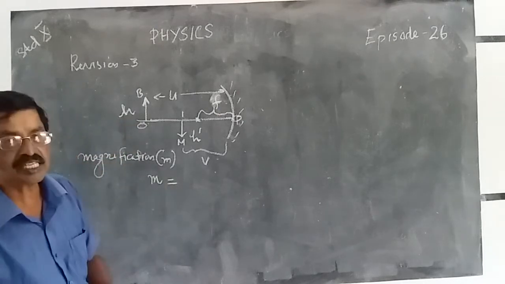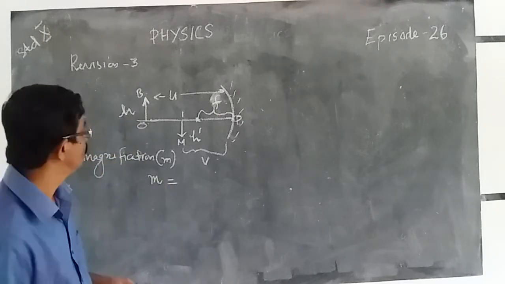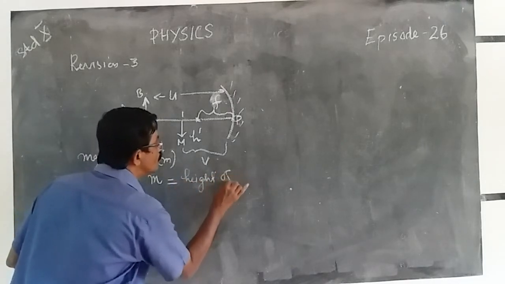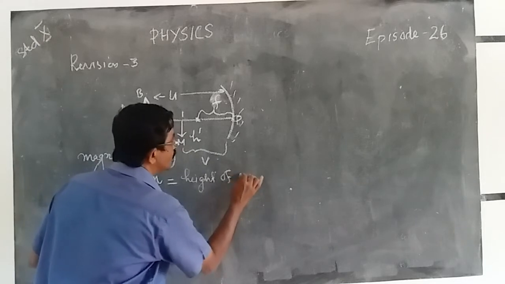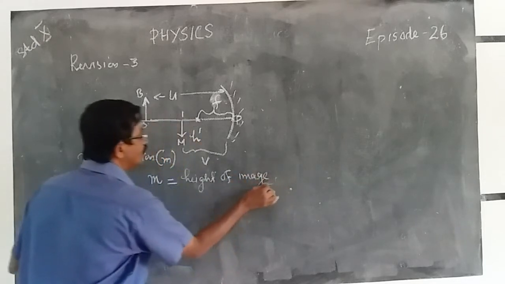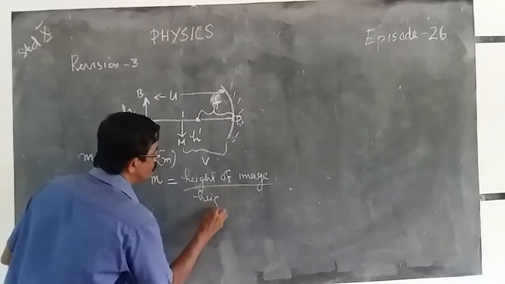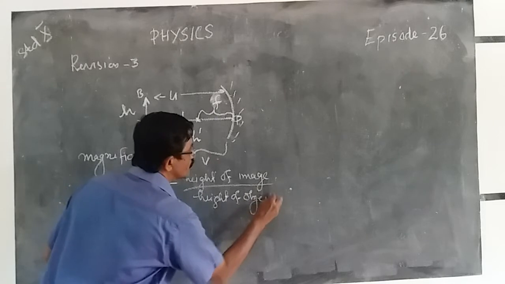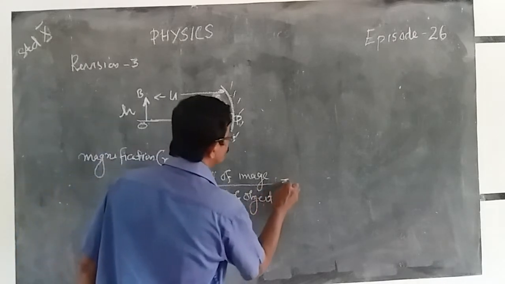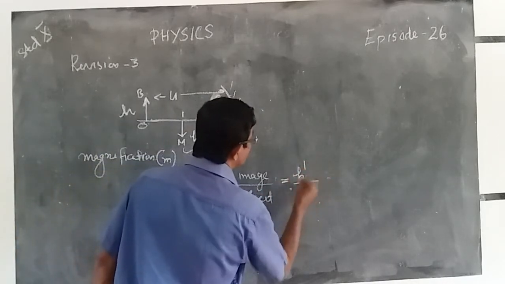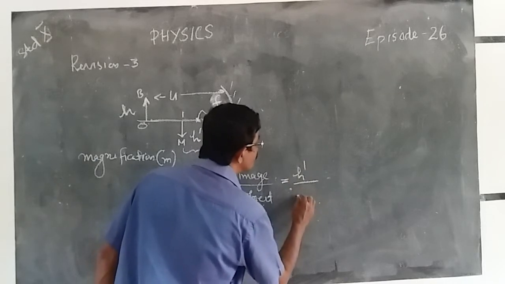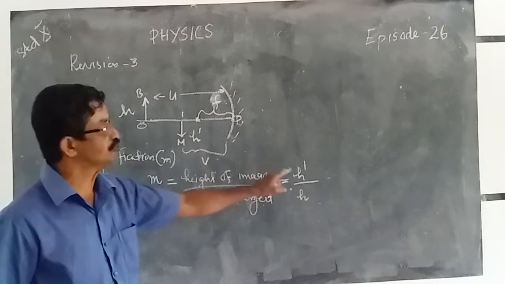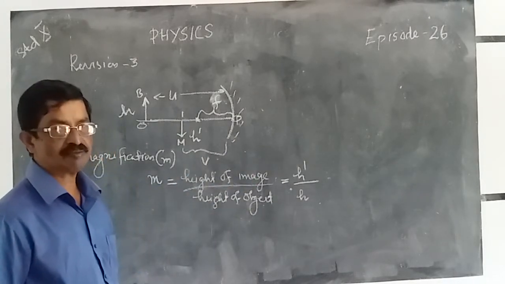Yes, magnification is the ratio of height of image by height of object. That is, height of image is h dash, height of object is H. So we get M is equal to h dash by h.